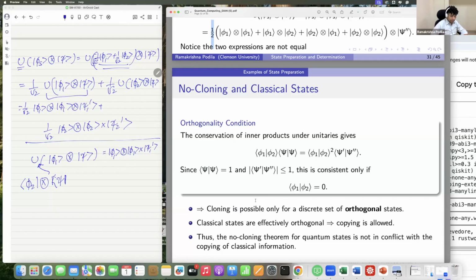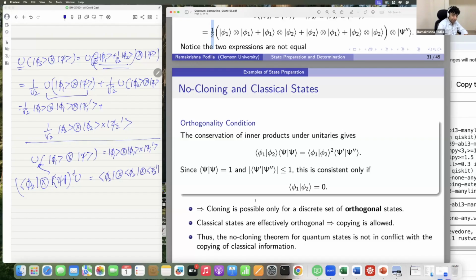Oh, u dagger, something like that, right? So if I put that on that one, the opposite, the first one is the ket that I'm taking, the other one I'm taking the bra. And when I put that, what we would get for this is phi 2 cross phi 2 cross some psi 2 prime.